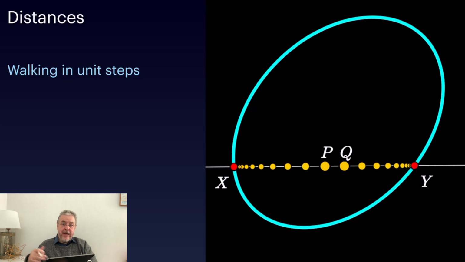And what we will do in our next lecture, and I will give a little preview, is show you what happens if you walk in unit steps within such a geometry along a line. So assume you have a point P and a point Q, and you walk in steps of equal lengths in one direction, and what happens is what you see here in that picture.